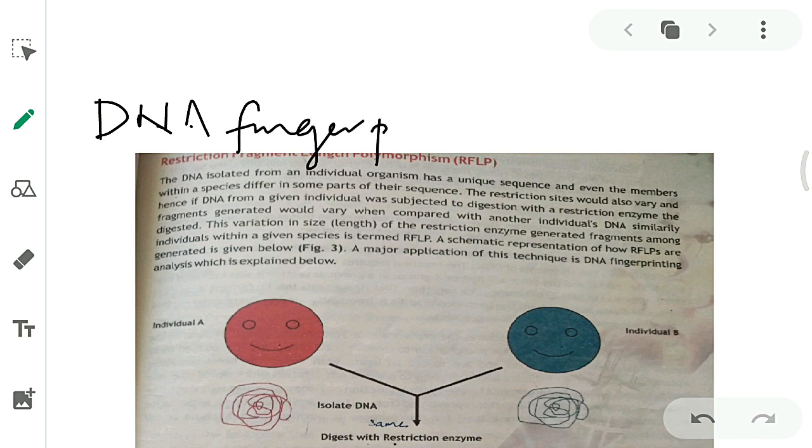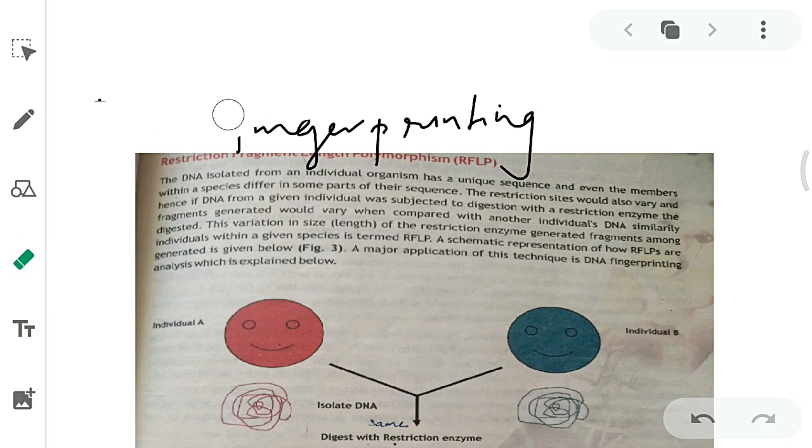This DNA fingerprinting is one of the very promising techniques used in a variety of applications like forensic science, parental diagnosis, etc. Okay, let us first discuss RFLP, then move on to DNA fingerprinting.